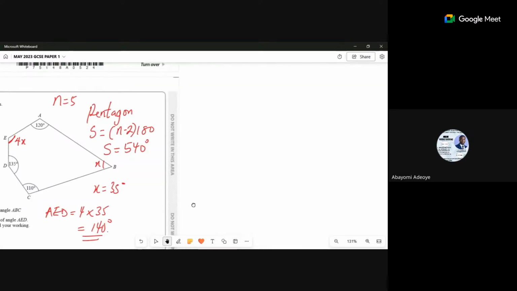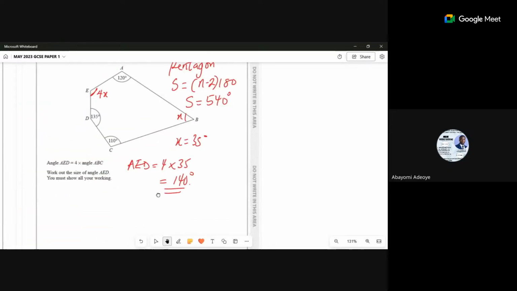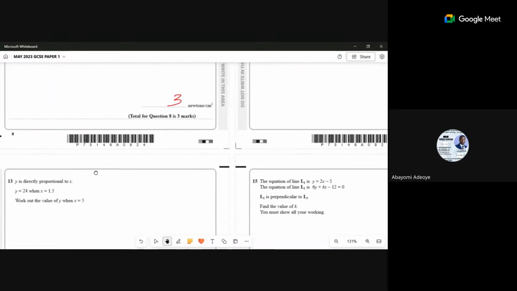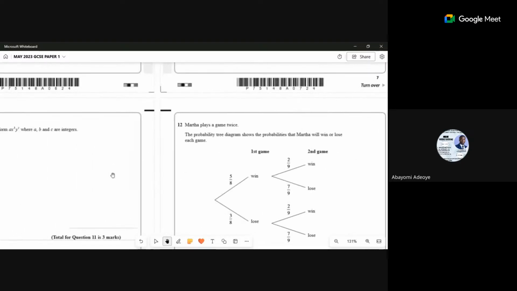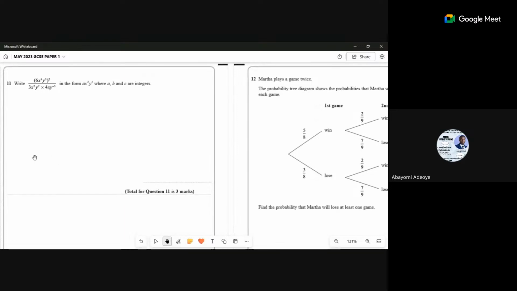Question 11. Can you try this? No, I don't get how to do that. Okay. So this is 6x to the power 5, y to the power 3, all squared.